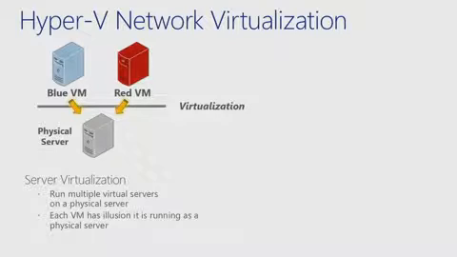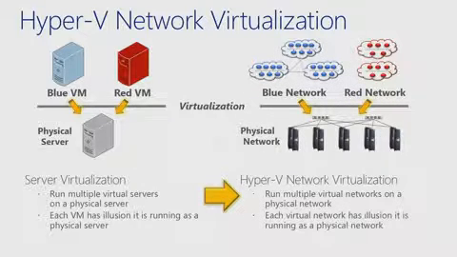And with network virtualization, we want to do the same kind of thing to the network that we did to the VMs. We took a physical server, we abstracted, and we virtualized and created VMs. We want to take the physical network fabric and the subnets and virtualize those subnets and provide that isolation boundary for blue and red in this case, so they can both run on that same fabric, that shared simplified fabric, and each virtual network has this illusion that it's running on a physical server.